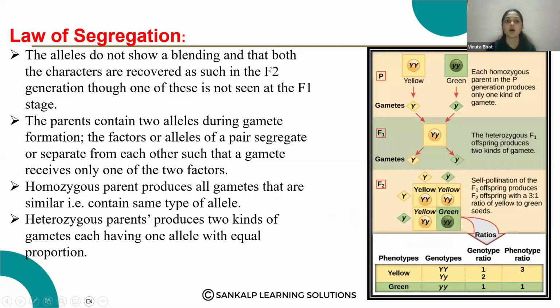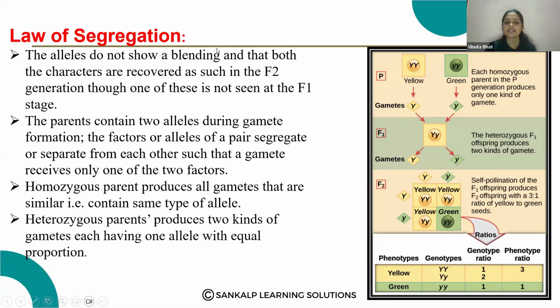The second law is the law of segregation. So what is this law of segregation? The alleles do not show blending, and both the characters are recovered as such in the F2 generation, though one of these is not seen in the F1 stage.